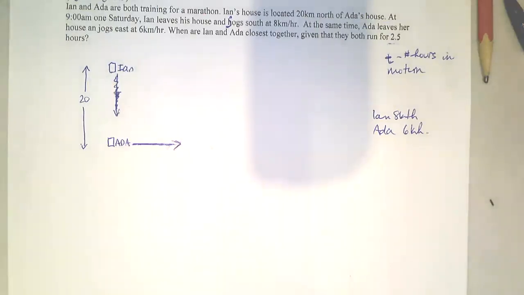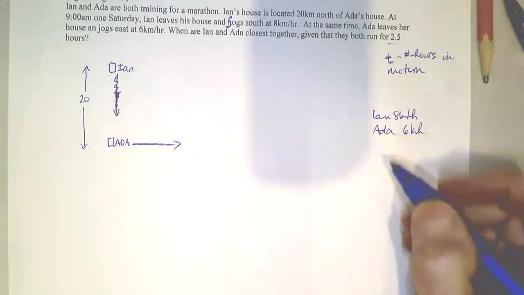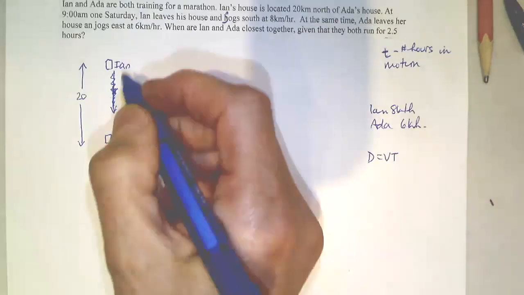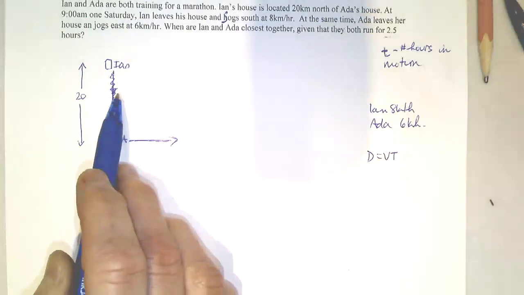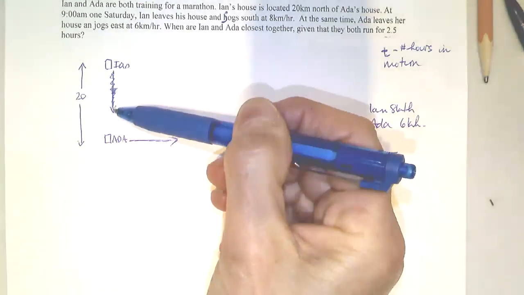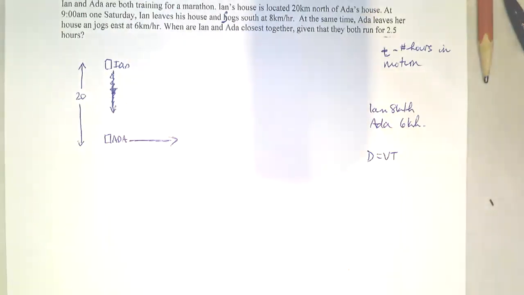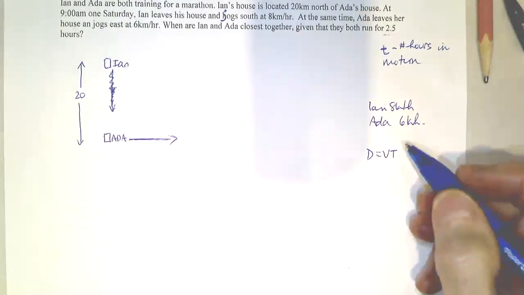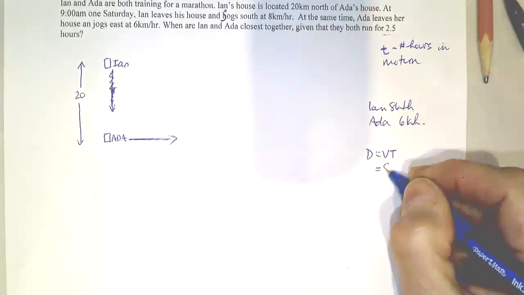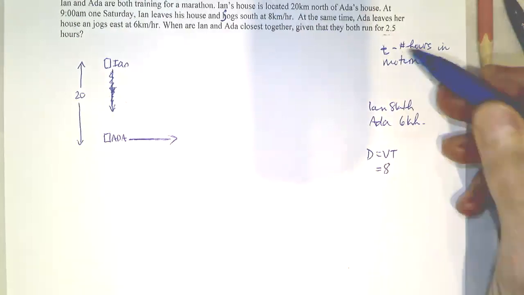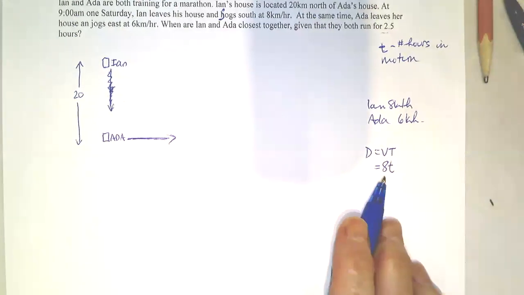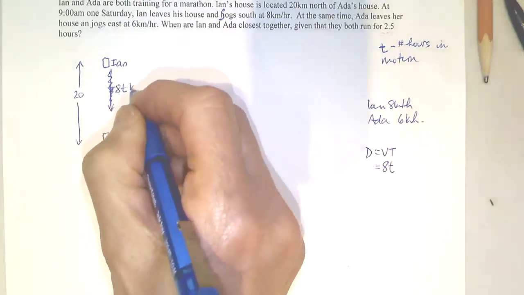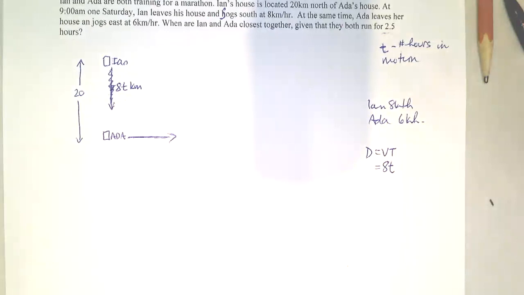Before we do that, let's assemble our information. We're using the relationship that distance is velocity times time. I can assign a variable that indicates the distance that Ian actually ran in that time until he was yelled at to freeze. Because he's going 8 kilometers per hour, and we're letting lowercase t be the number of hours, he will have actually run 8t kilometers.